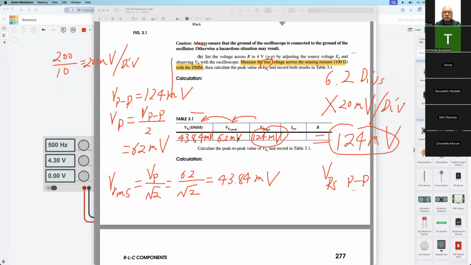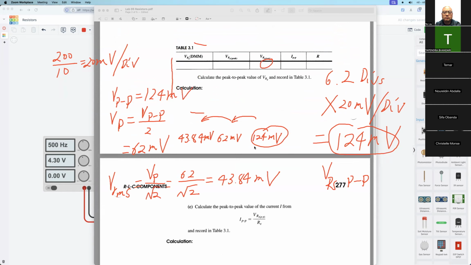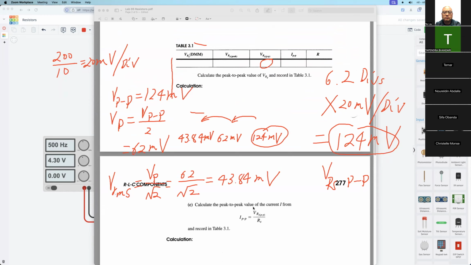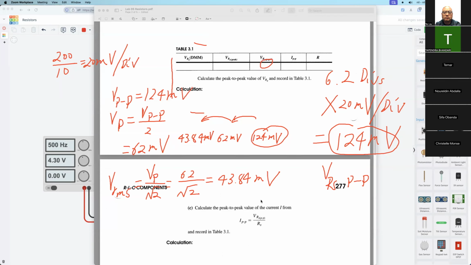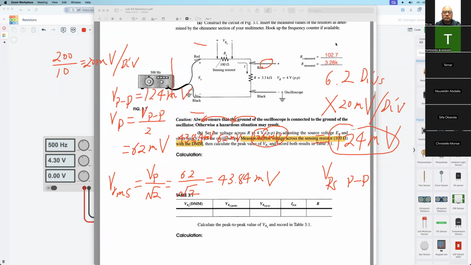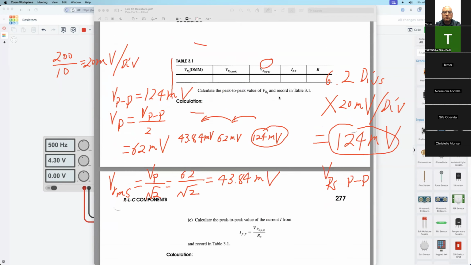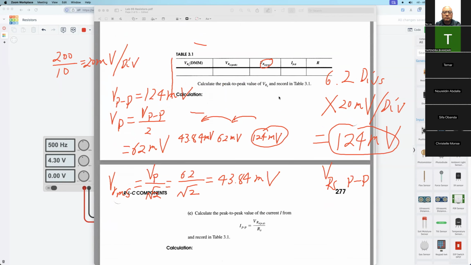So for the current, I peak to peak value equals VRS peak to peak value divided by RS. Here, for RS, we need to use the measured value, this number, okay? So calculate here.